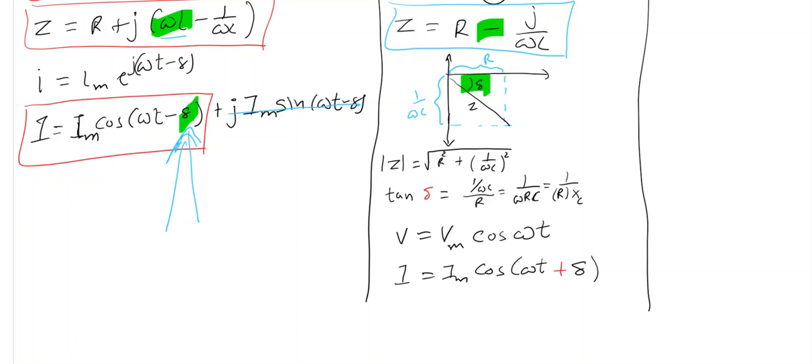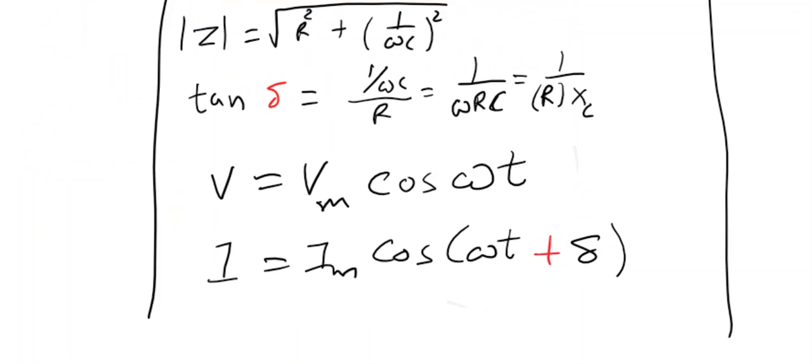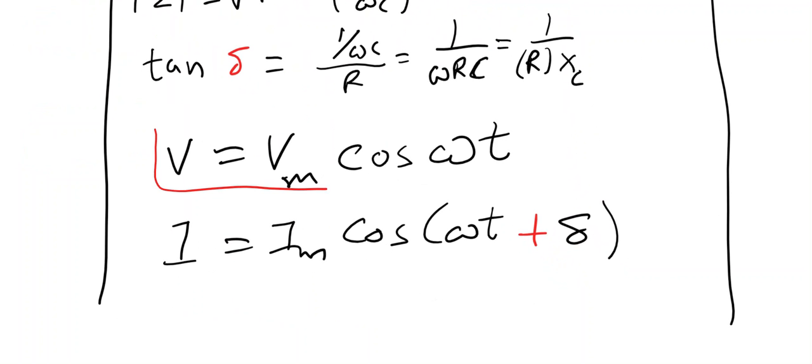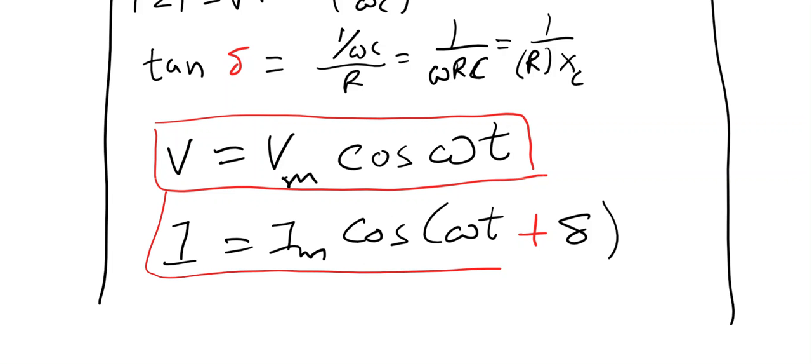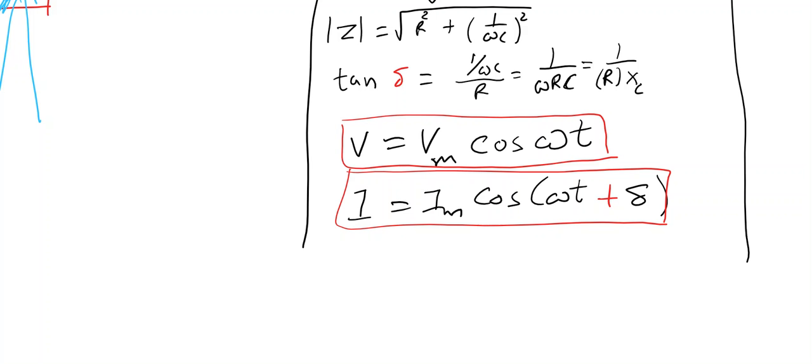Now look at the condition. We have voltage as Vm cos omega t and current as Im cos omega t plus delta. If we are asked what is Im, we can say that the maximum current Im is the maximum voltage divided by mod Z. What is mod Z? We already have defined it.